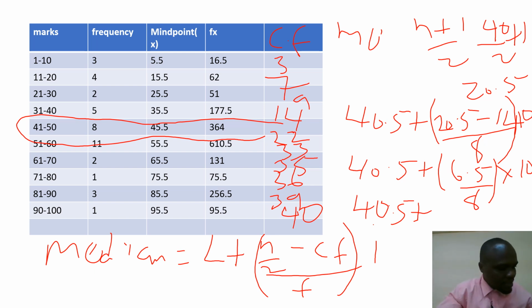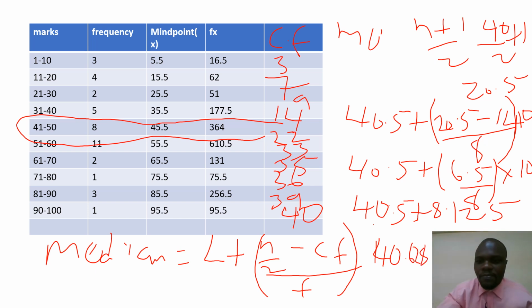If I work it out here, this one gives me 8.125, and if I add this, I get the answer 40.628, and this one becomes my median.